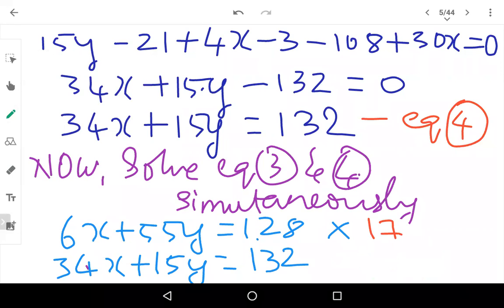So 17 into 6 will give 102, and second equation I'm supposed to multiply with 3. So 34 3s are 102. You can multiply these two numbers only, but you will get very big numbers where later you might get confused how to solve it.